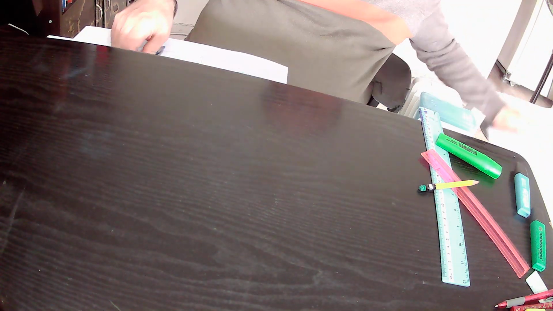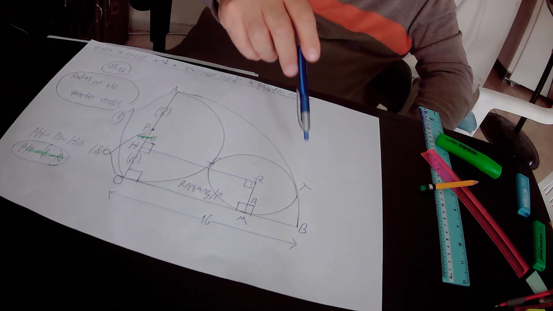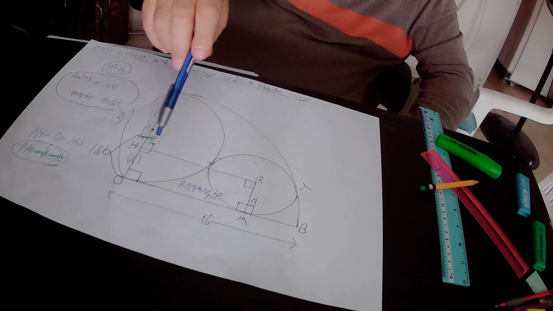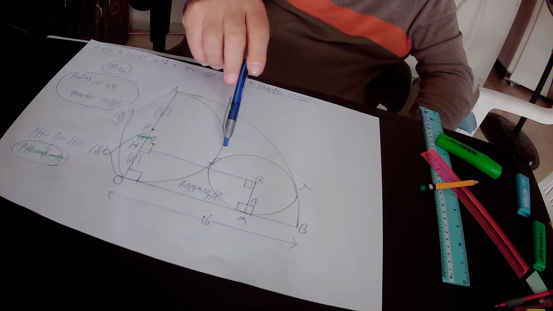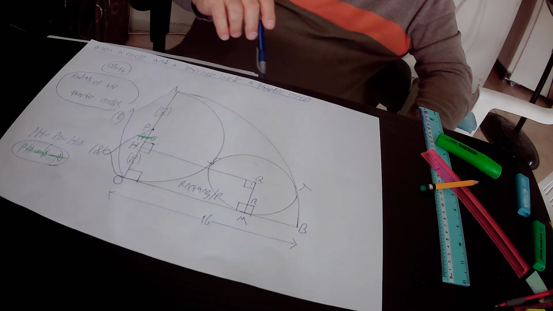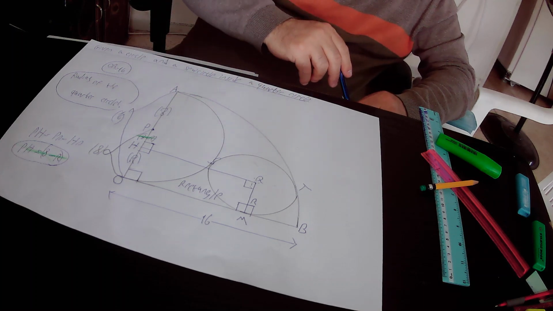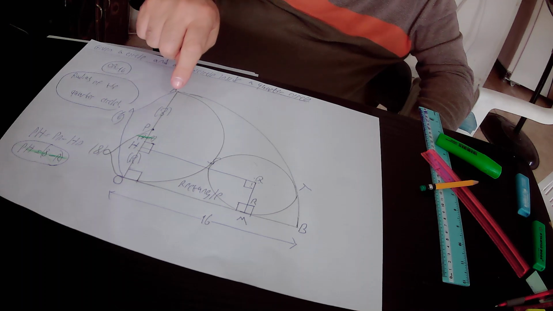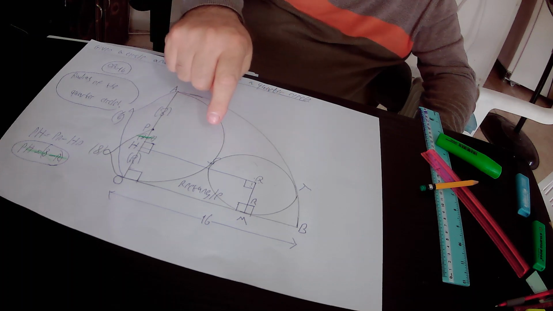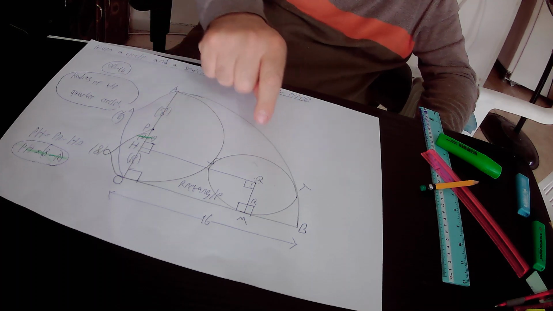Why? Because in our drawing, as I mentioned before, this small circle touches this semicircle externally at point S, and therefore we can implement rule 10 here. The center of this semicircle is at point P. The center of this small circle is at point Q. The straight line that connects their centers is PQ, and according to rule 10, PQ must pass through point S. Or PSQ is one straight line.